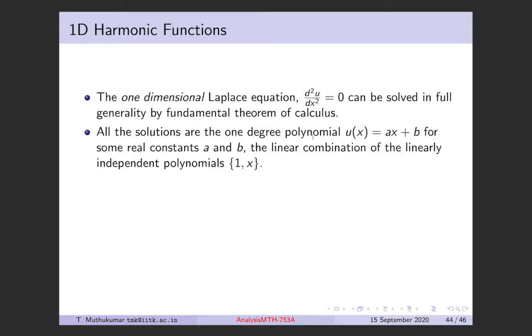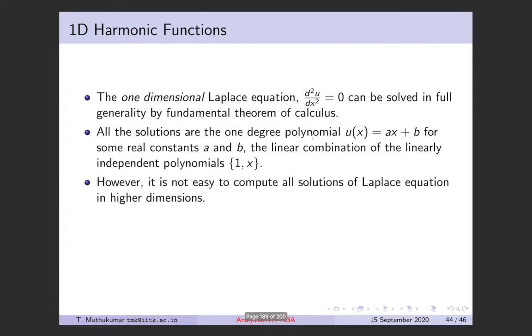What about two dimensions? In two dimensions, it turns out that you don't have such a simple result. Not just two dimensions, even in higher dimensions. Let's take the two-dimensional harmonic function definition, which is precisely this: the second order partial derivative with respect to x and the second order derivative with respect to the y variable sum to 0.